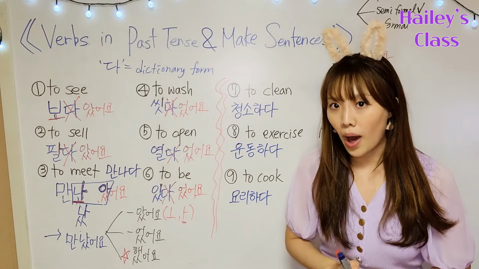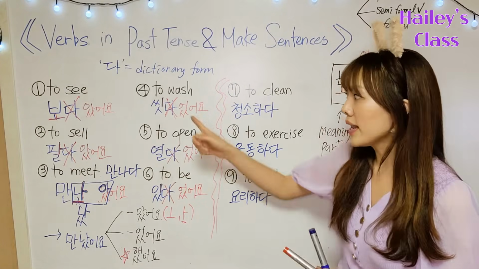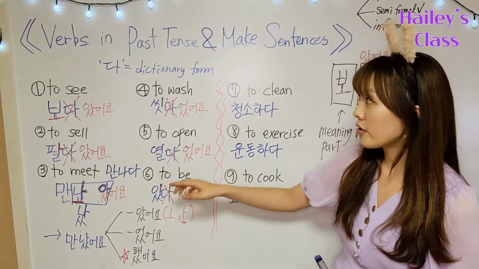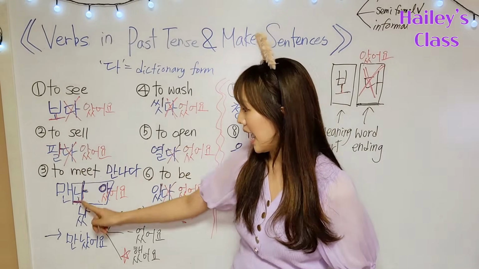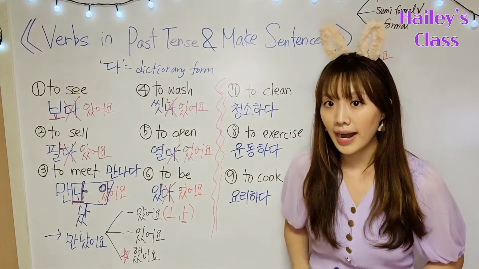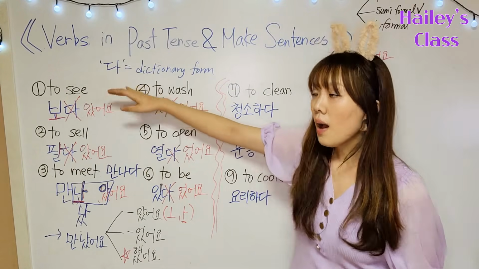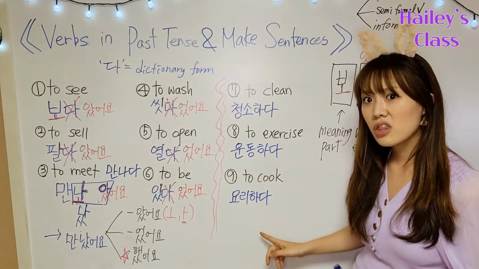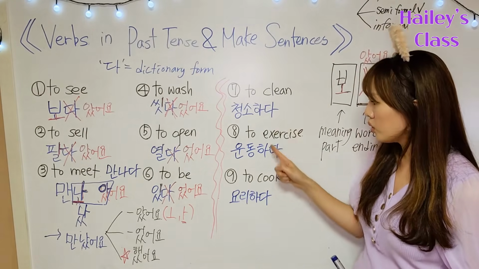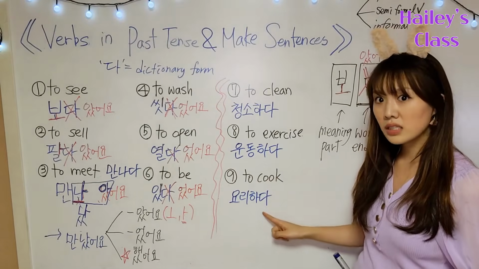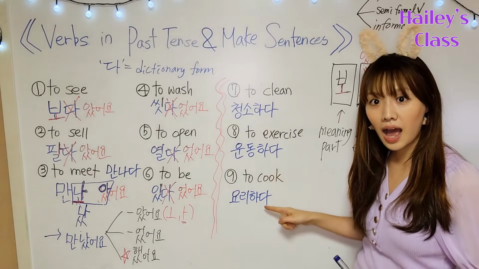I'm going to tell you why. When you see these verbs, they only end with ta, right? But this part has another one. Not only ta, there is ha.